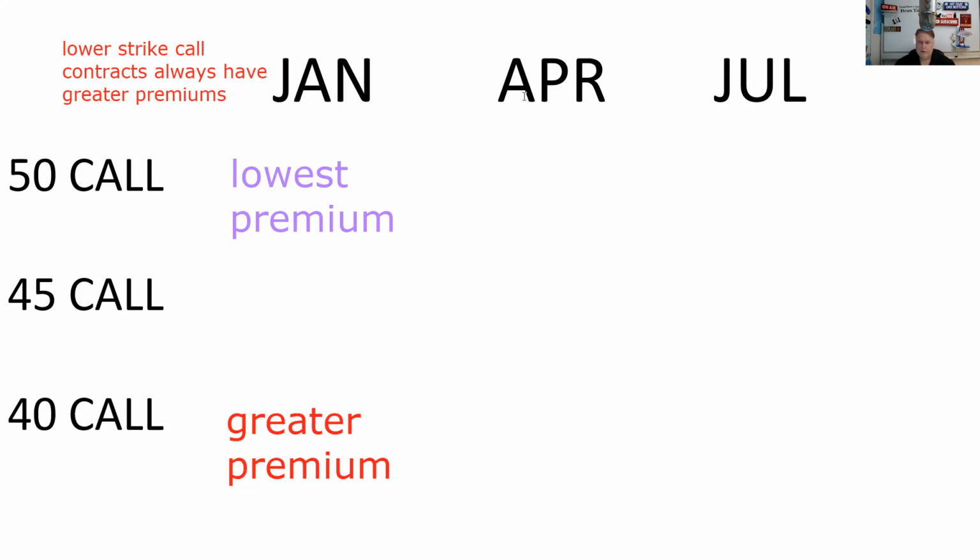So if we buy the 40 and we sell the 50, we would know that this is a vertical or price spread. That's what I usually show most of in the lectures because that's the most likely thing you're going to see. But we should be able to determine this is a debit spread because the 40 call premium is going to be larger than the 50 call. So that would be a debit call spread.